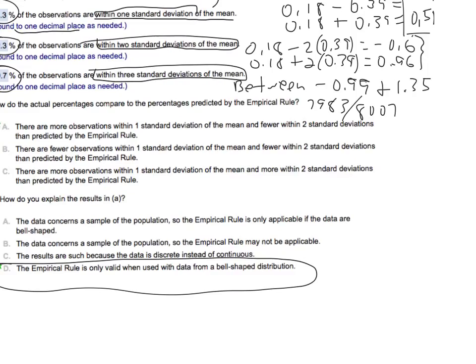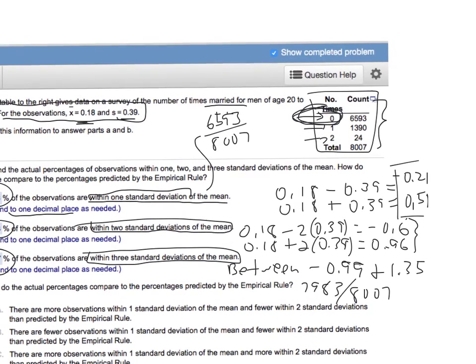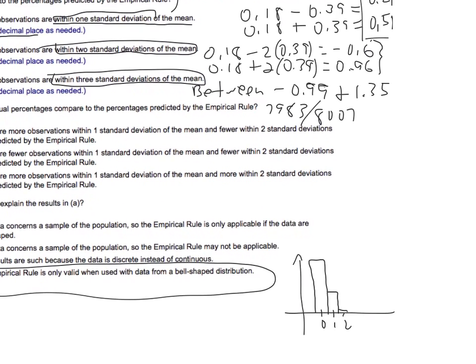We have something like 6,000 values that are 0, and then only about 1,000 values, so a lot less, that are 1, and almost none that are 2. So if you looked at a picture of the data, it would look like this. So far from being symmetric and bell-shaped.